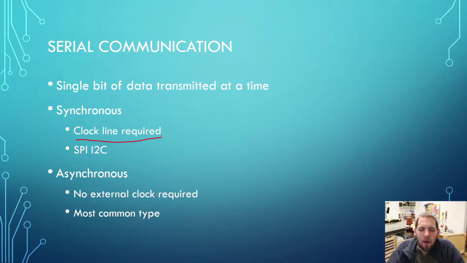All right. Where asynchronous, we do not need an external clock. There's no external clock, but both devices need to be set up in the exact same way. Because if I have my device set at 9600 bits per second and your device is at 115200, well, you're expecting a whole lot more information than what I'm actually sending.